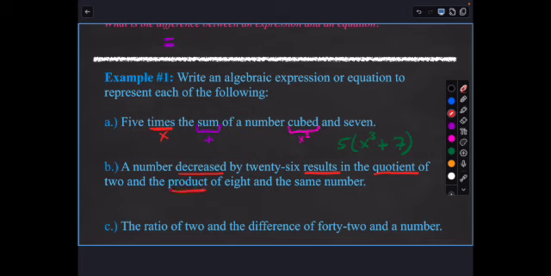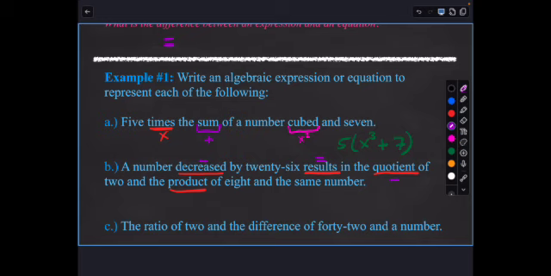And I think that's all of the ones I see currently in here. Decreased. What does decreased mean? Well, decreased means to take away, to subtract. So this would be a subtraction. Result. And result means that we're setting two things next to each other. They're equal. Quotient is division.